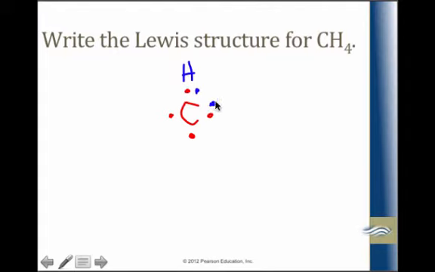If they would all share their 1 and overlap their orbitals, you've got the 1s orbital of hydrogen overlapping with, it's a blended thing that happens with carbon where its 2s and 2p's hybridize and form these sp3 orbitals, but we get this structure for methane.